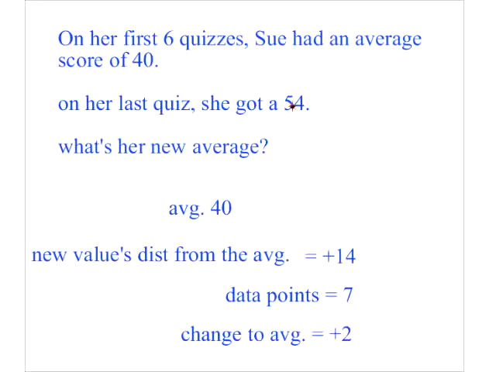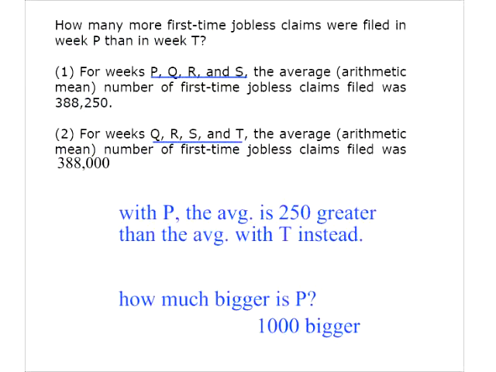Here we know how far apart this is from the average, and then we figure out that even though it's 14 away from the average, it's only going to move the average 2 because we're considering that 14 over 7 data points. And this problem is that thinking in reverse. I know that this moves the average 250, and since I'm considering that over 4 data points, it's really 1,000 higher than this.